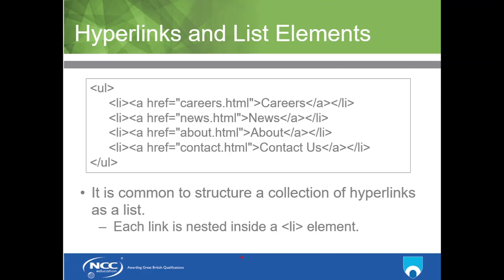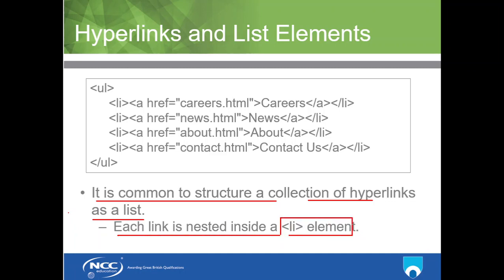Okay, so now let's look at hyperlinks and list elements. It is common to structure a collection of hyperlinks as a list. Each link is nested inside an LI element. So here we have an unordered list.